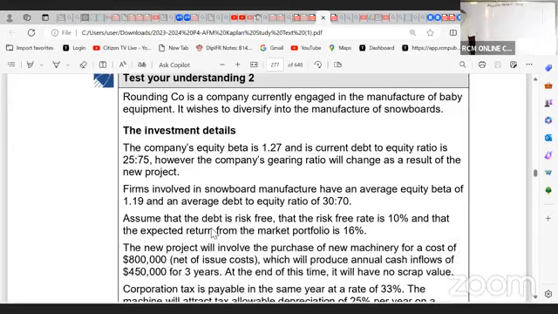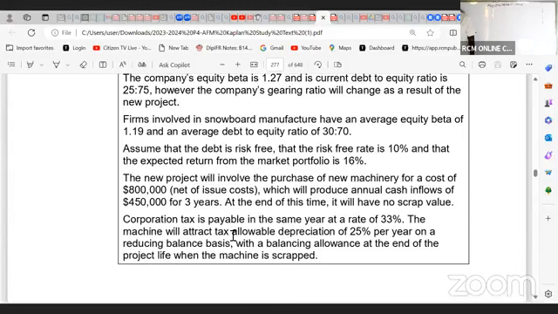Firms involved in snowboard manufacture have an average equity beta of 1.19 and an average debt to equity ratio of 30:70. Assume that the debt is risk-free and that the risk-free rate is 10% and that the expected return from the market portfolio is 16%.